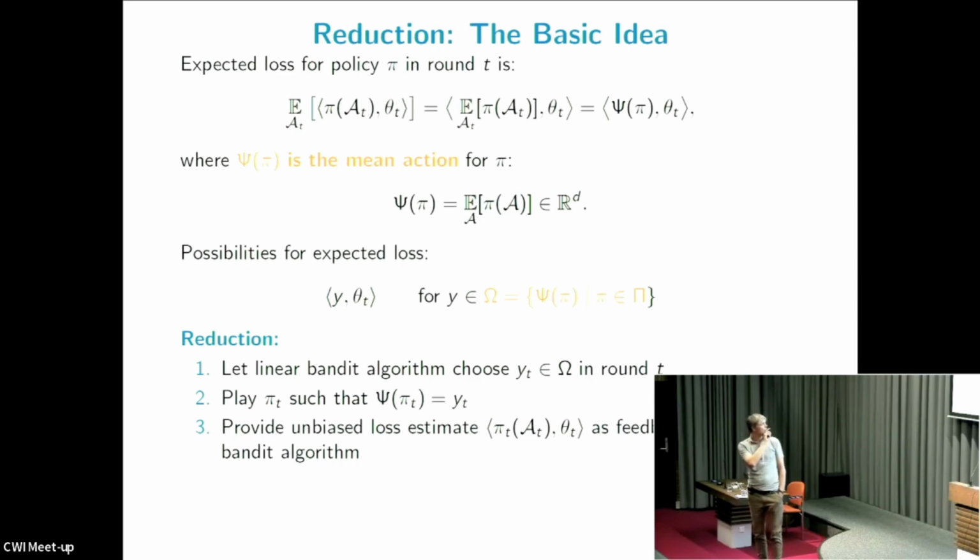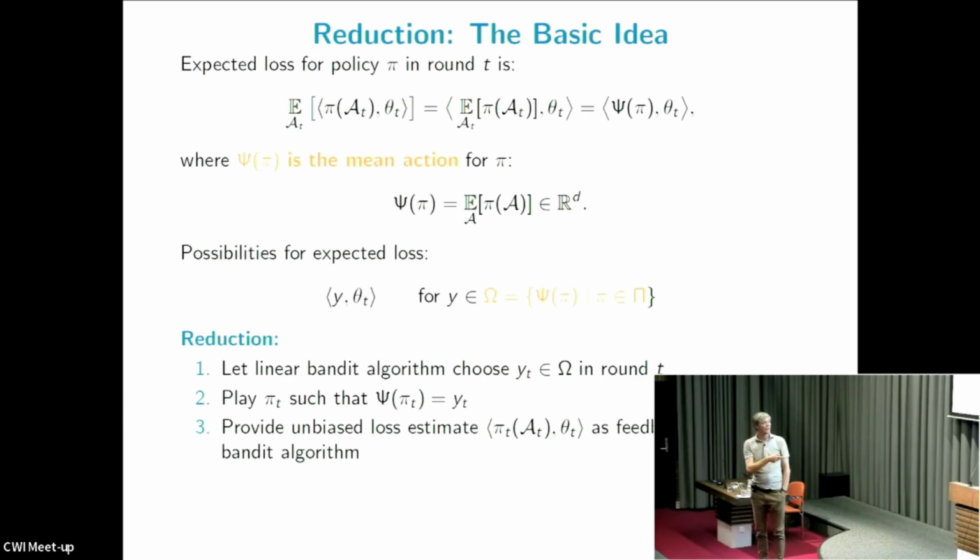And then the idea for the reduction, which won't directly work in the current form, but gives an impression, is to say, suppose that we first have a linear bandit algorithm that will tell us how to choose y_t in Omega. Then we take that output, we find some policy which has as mean action y_t, and that's what we're going to play. Then in expectation, our loss will be equal to y_t times theta_t. So we'll have the same expected loss as this linear bandit algorithm.